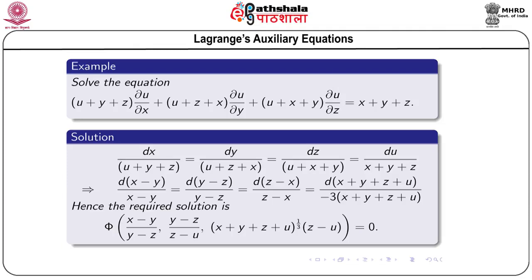So, from this equation one can obtain 3 integrals as (x minus y) by (y minus z) equals c1, and another integral (y minus z) by (z minus u) equals c2, and (x plus y plus z plus u) to the power 1/3 into (z minus u) equals c3. Therefore, the required general solution of the given equation can be written in the form of some function of u1, u2, u3 equals 0. So, this is our required solution.